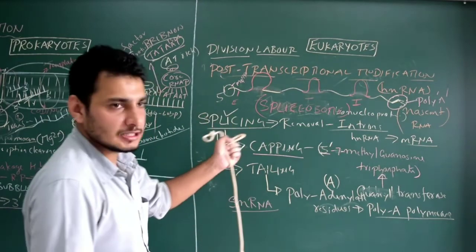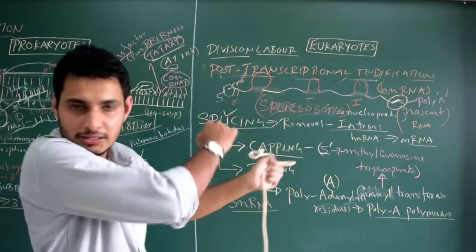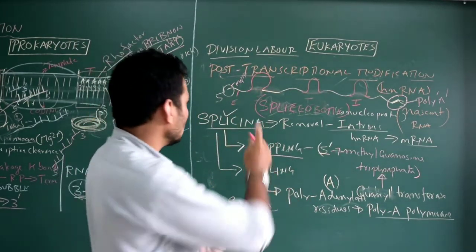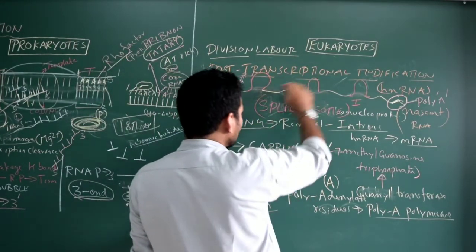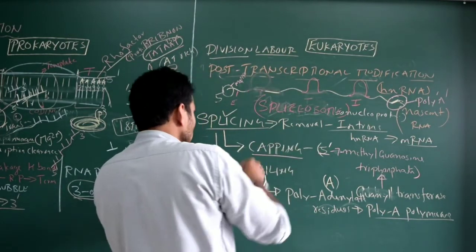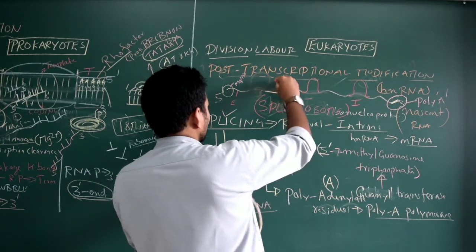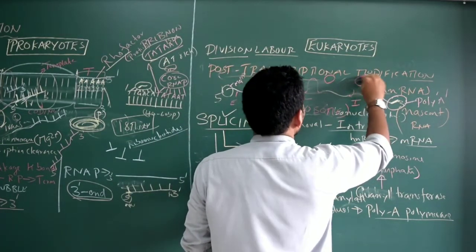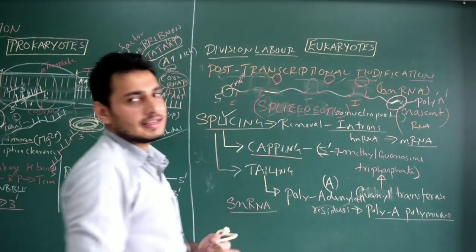Zome is nothing but a ball shaped structure, like centrosome. It's a body. Once the loop is formed, it's going to remove the introns. See here, this is now removed by the snRNA and snRNP.